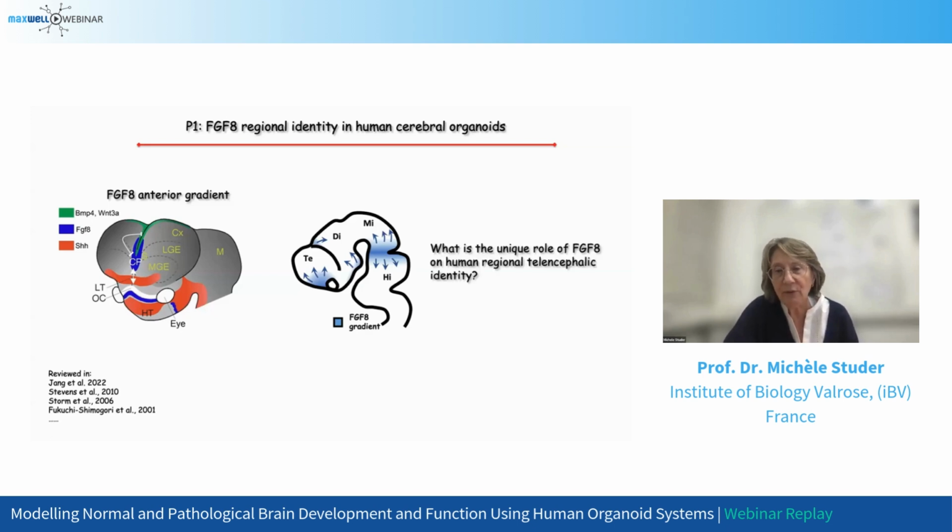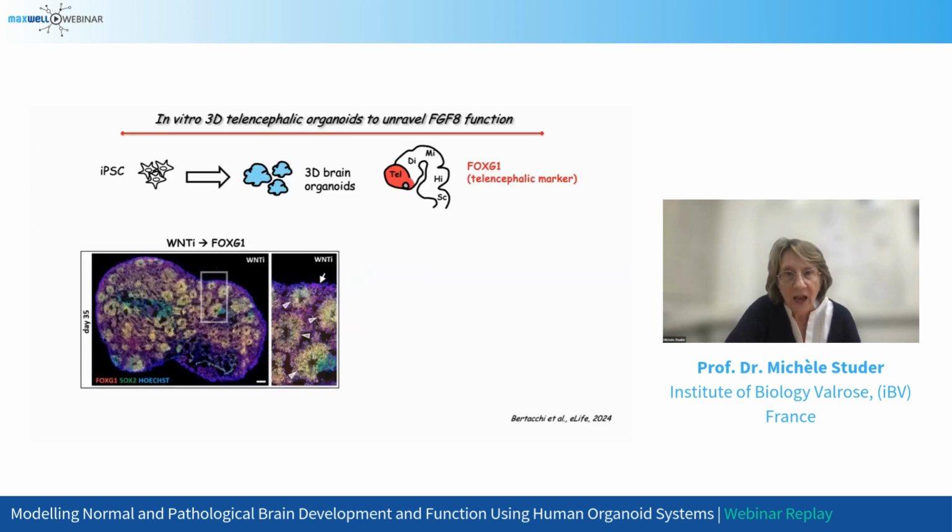So we decided that we wanted to study the unique role of FGF8, first of all in human cells, because this was not really done before, but also in organoids and in human regional telencephalic identity.